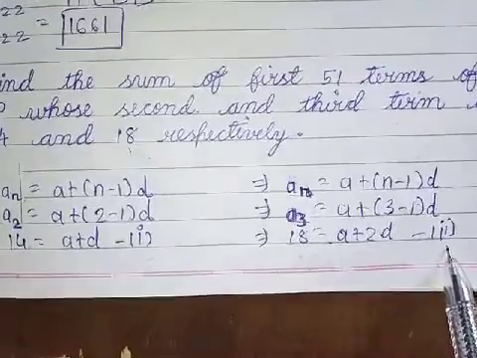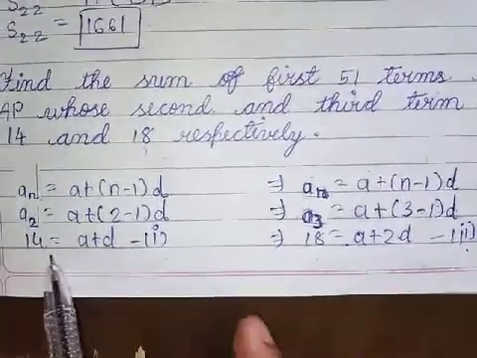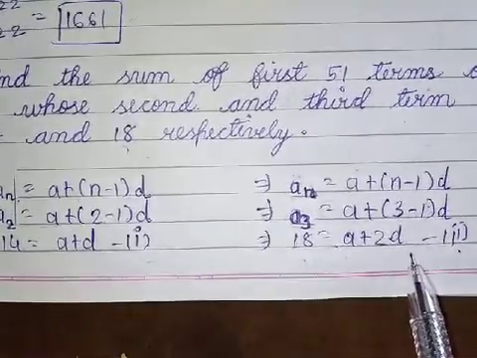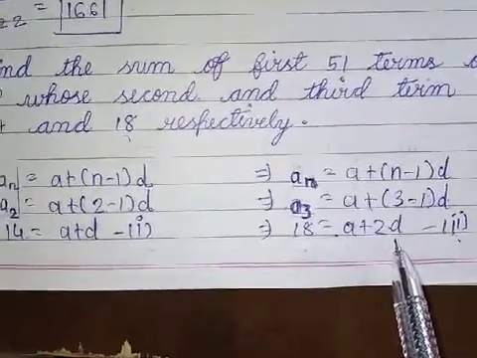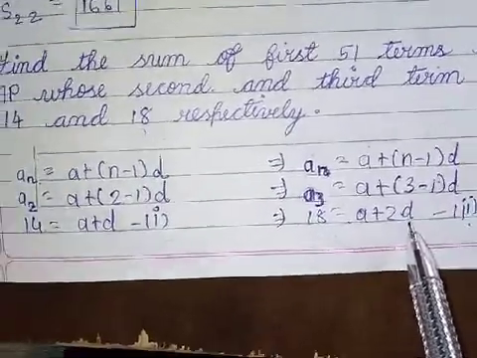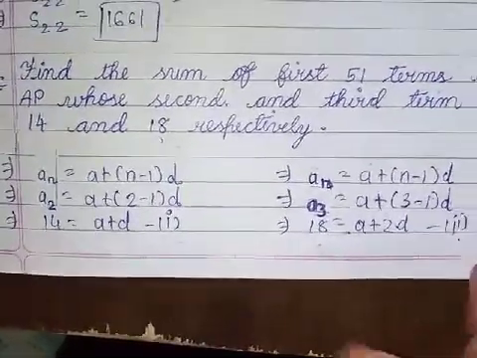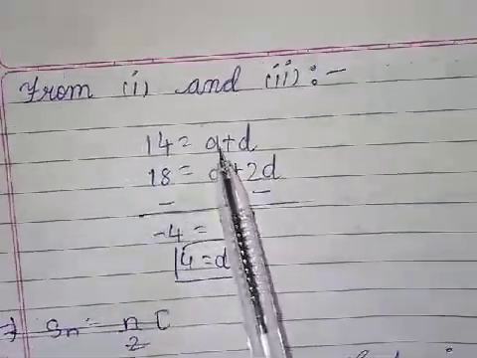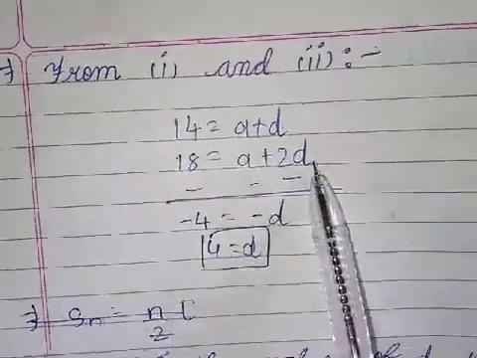What is the elimination method? We write the two equations, change the sign of the second one and cancel it out. Then we will get the value of D or the value of A, and then we'll substitute in the equation. So from first and second, 14 is equal to A plus D and 18 is equal to A plus 2D.